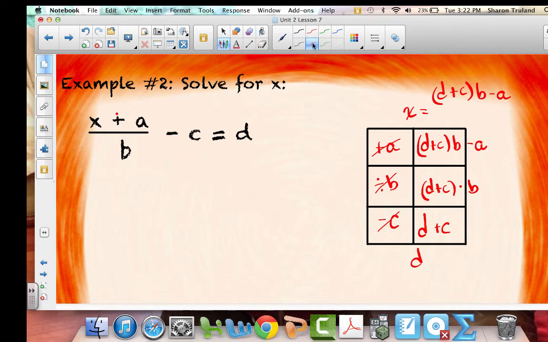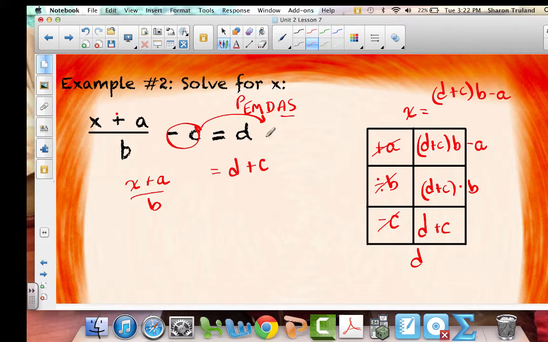All right, so over here, I'm going to do the traditional way. I'm going to do PEMDAS backwards. All right, undo any addition or subtraction first. So this minus c is going to get pulled over here as its inverse, and that's d plus c. Then we have a little problem. Most kids would think, all right, we still have this addition right here to take care of, but careful.